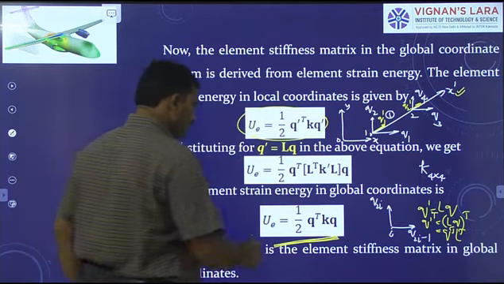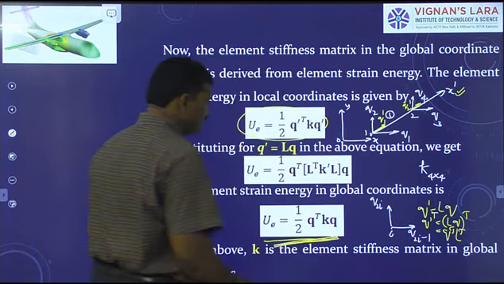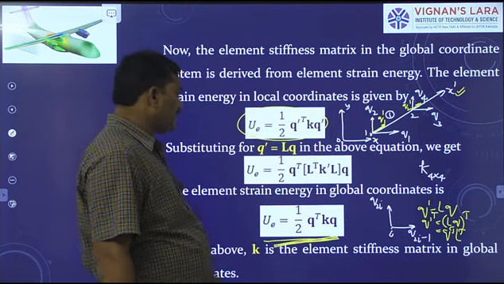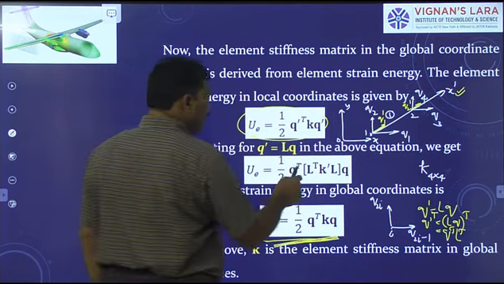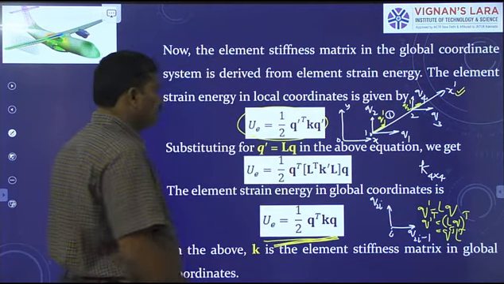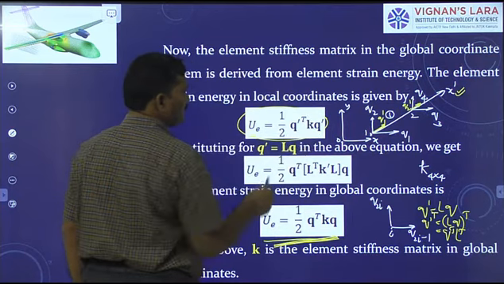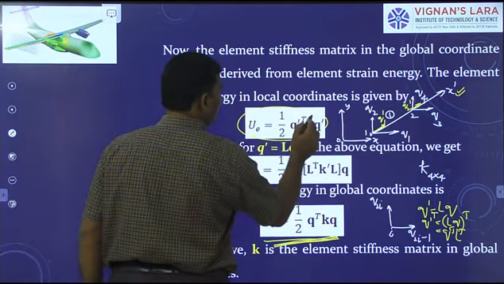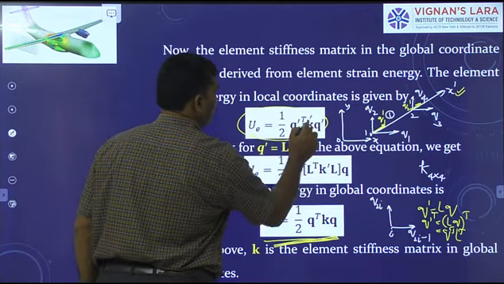This is the usual form. Hence, if I compare this form with this, what is K here? K equals L transpose into K dash into L. The dash is missing here, put K dash.